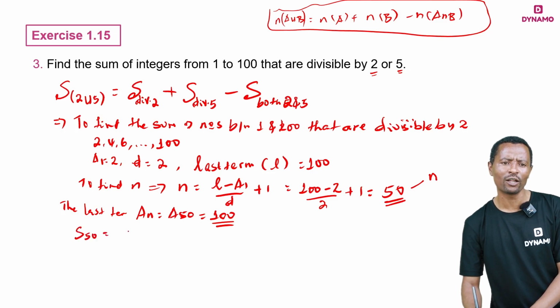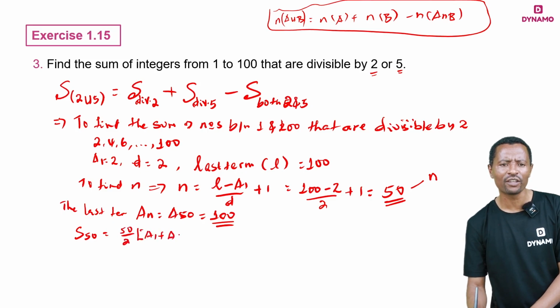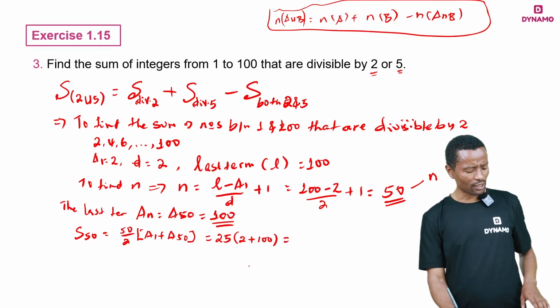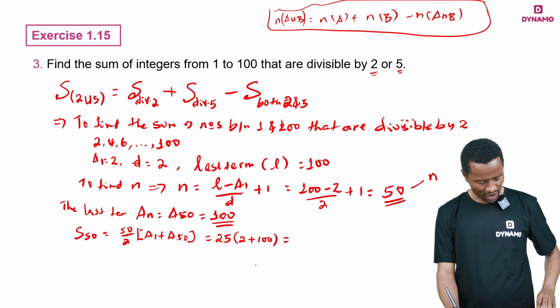S50 is equal to 50 over 2 into A1 plus what? Plus A50 taati jechuudha. Kana yeroo hojjannu 50 over 2 jechuun 25 into first term keenya meeqa? Lama. Last term keenya yookaan immoo A50 keenya 100 jechuudha. Kana yoo baay'isnu 25 baay'isu 102 arganna.